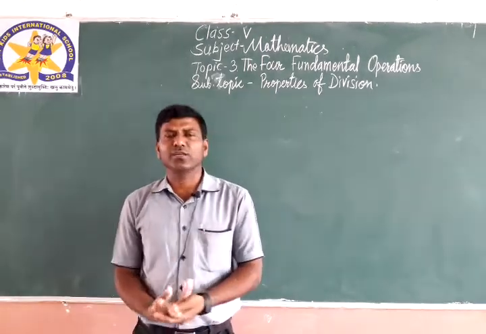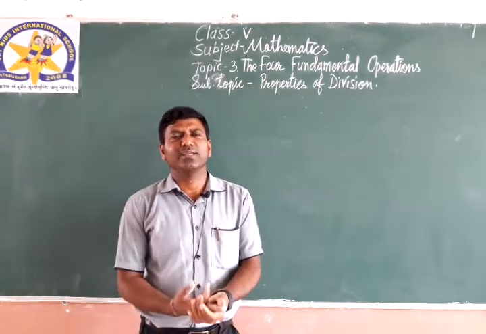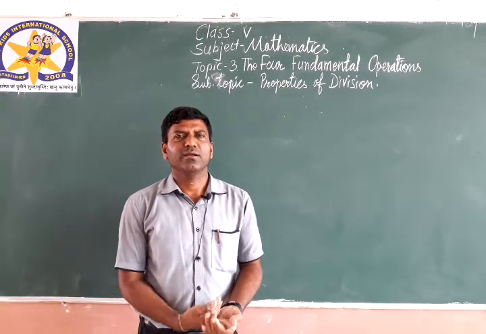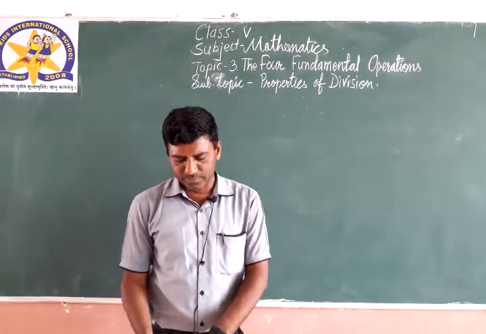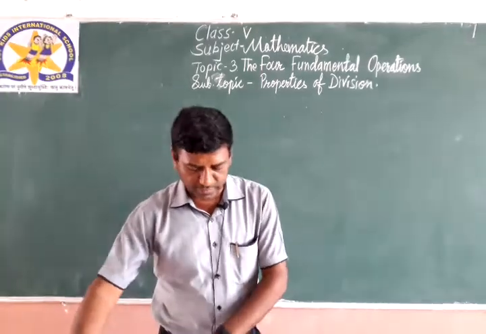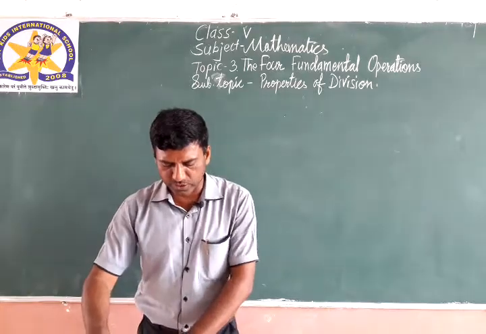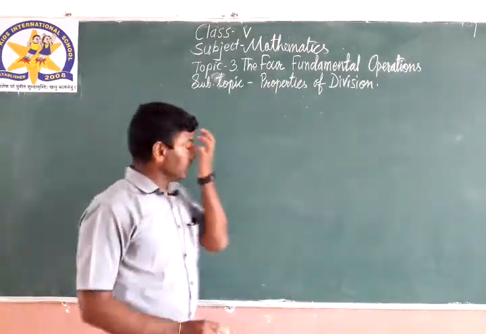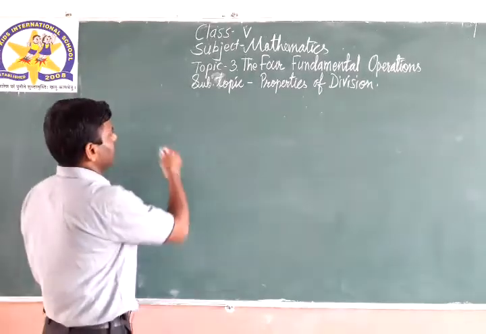Then in multiplication, multiplicand and multiplier, the result is product. And in division, we will see which are the terms associated with division with the help of one example. Then you will understand well.